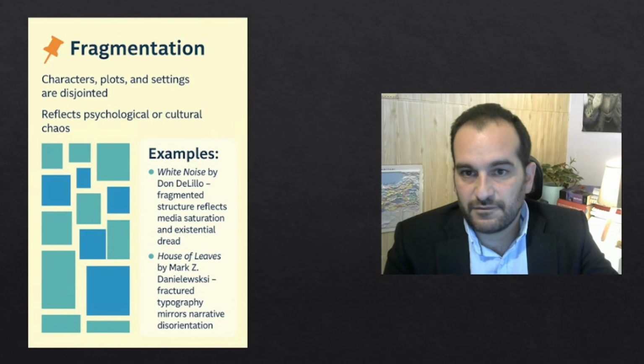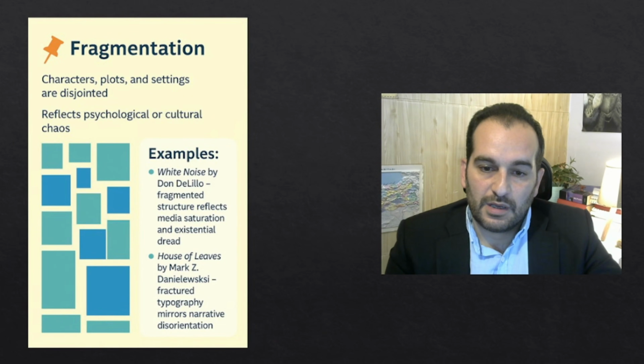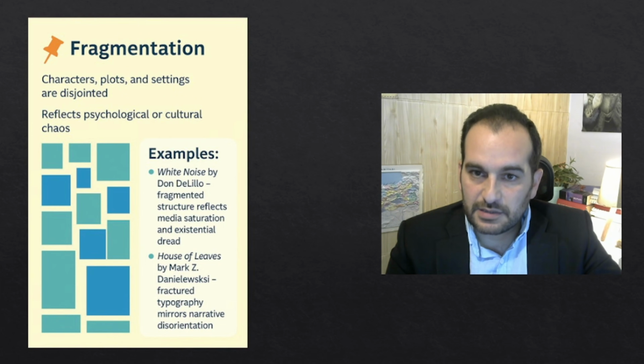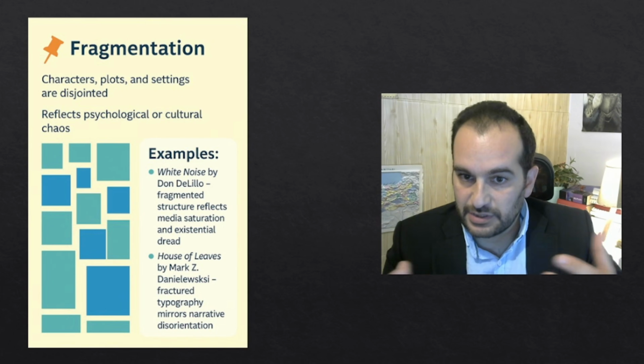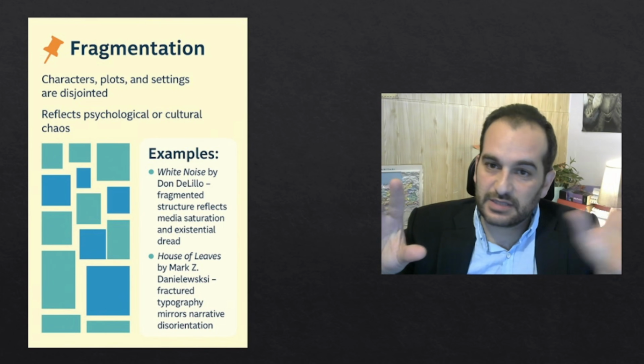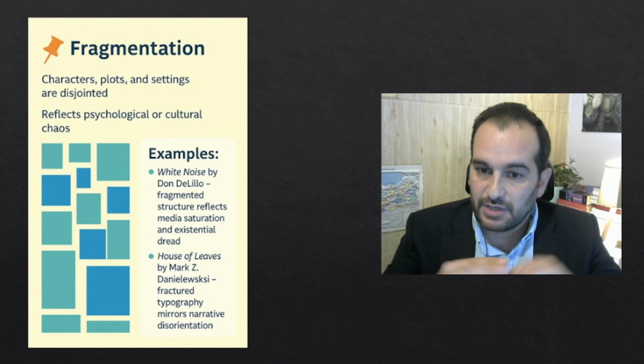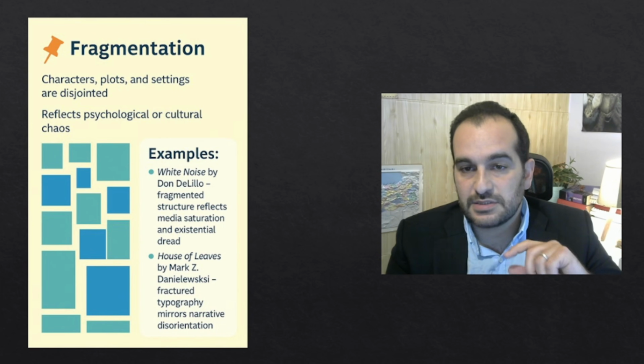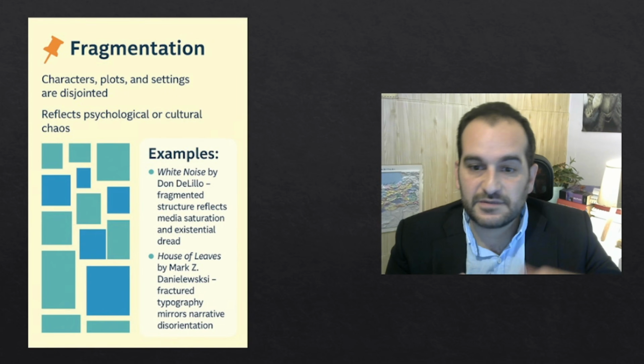We see fragmentation. It's when you see characters, plots, and settings are disjointed. So we see disjointed plots, maybe different plots that are not connected to each other, broken characters, splintered perspectives.